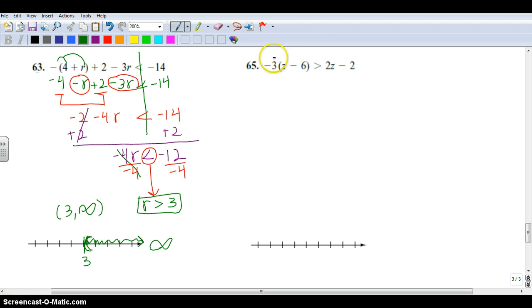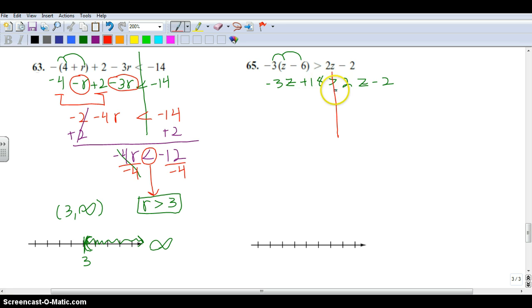Alright, so on 65 we distribute the negative 3. Negative 3z plus 18, and then we've got the greater than 2z minus 2. Alright, so you might want to draw that line. You don't have to.